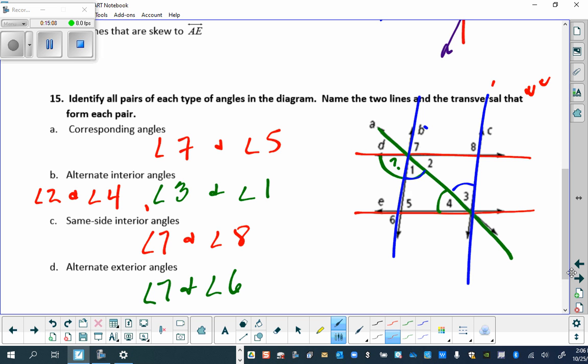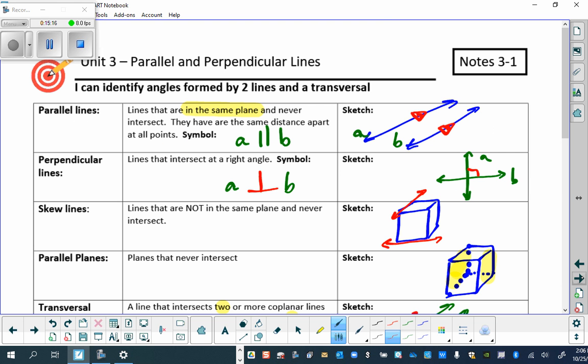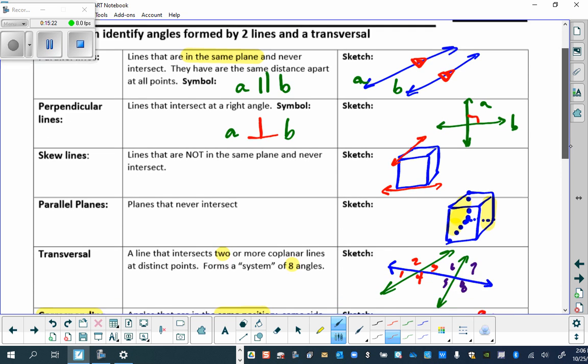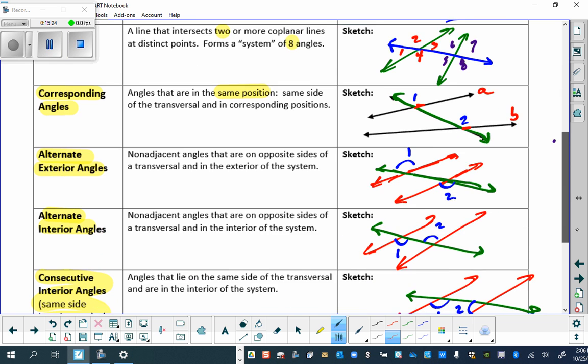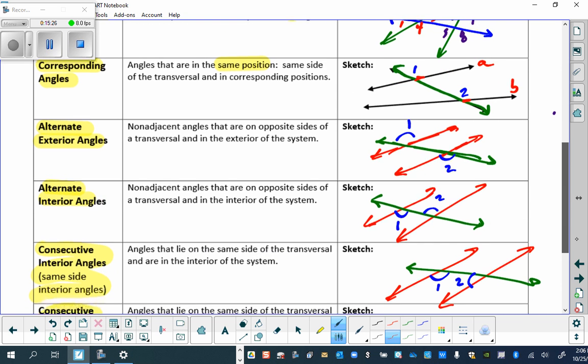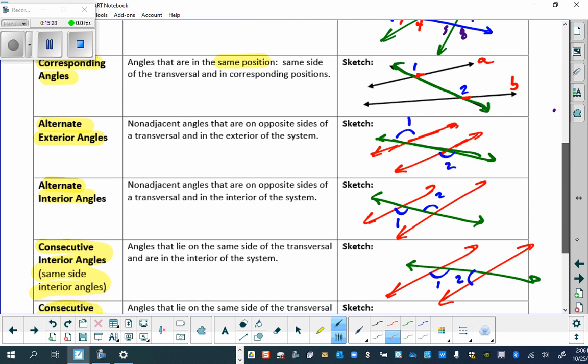And we played with our new angle relationships: corresponding, alternate interior, same side interior, and alternate exterior. We learned all kinds of new vocabulary words. Parallel, perpendicular, skew, transversal were all familiar to you from Unit 1, but these were our new ones.